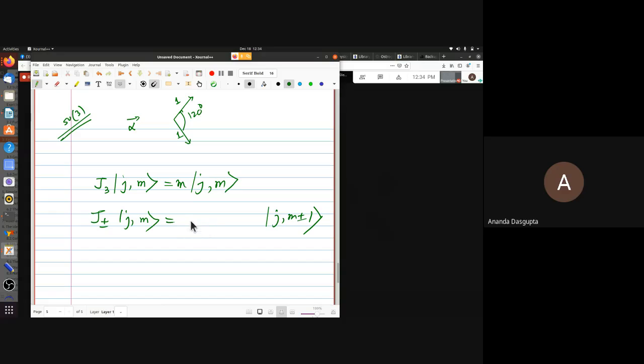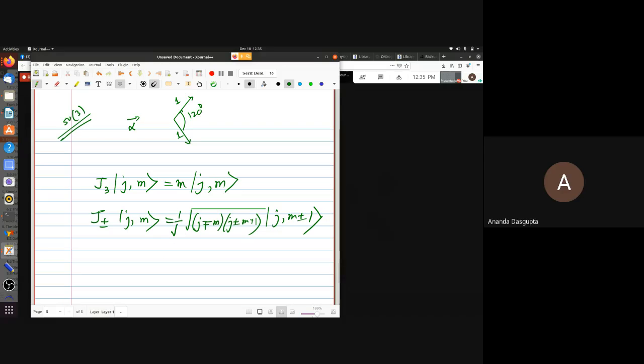Come on, this is one of the most important equations you ever have. It will be the square root of j into j plus 1 minus m into m plus 1. Well, that's for one of the signs. Or the other way of writing that would be the square root of (j minus plus m)(j plus minus m plus 1). The one you were talking about was for J plus. I want both J plus and J minus rolled in one. That's this equation.